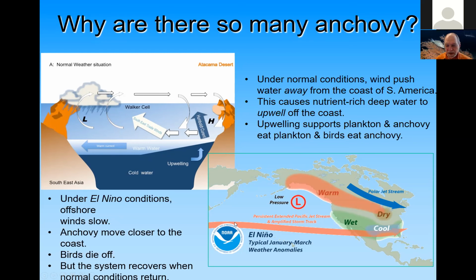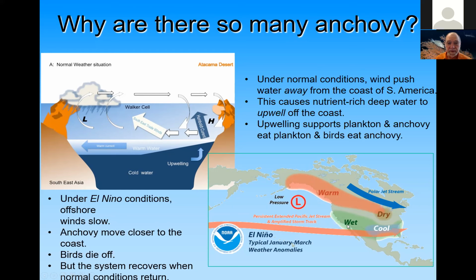They also shift the low pressure center, which typically is located in the Western Pacific. They shift that towards the Central or Eastern Pacific. And with the shifting of that low pressure center, the winds which drive the upwelling along the South American coast die down, and you have different conditions.